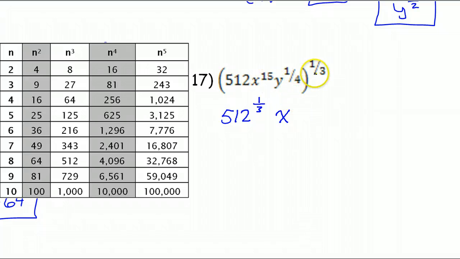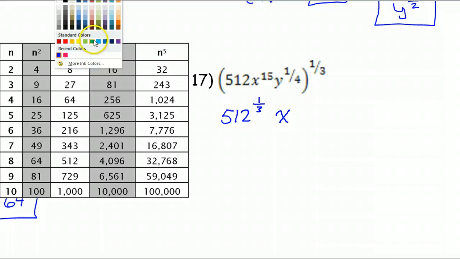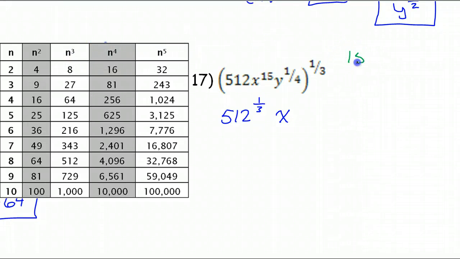Now 15 times 1/3. Let me just highlight this off to the side here. 15 times 1/3. Please understand that 15 is like 15 over 1. So it's 15 times 1 is 15. 1 times 3 is 3. But then that reduces down to 5. 15 divided by 3 is 5.